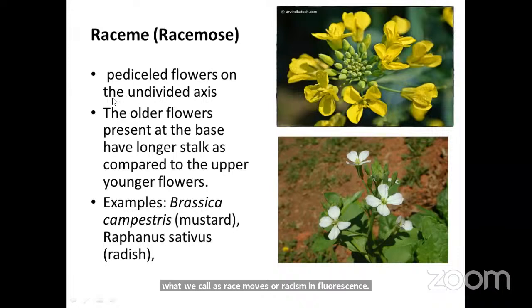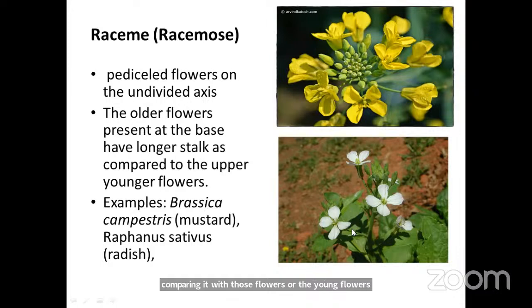In the raceme inflorescence, the older flowers that are present at the base actually have longer stalks compared with the young flowers located above.